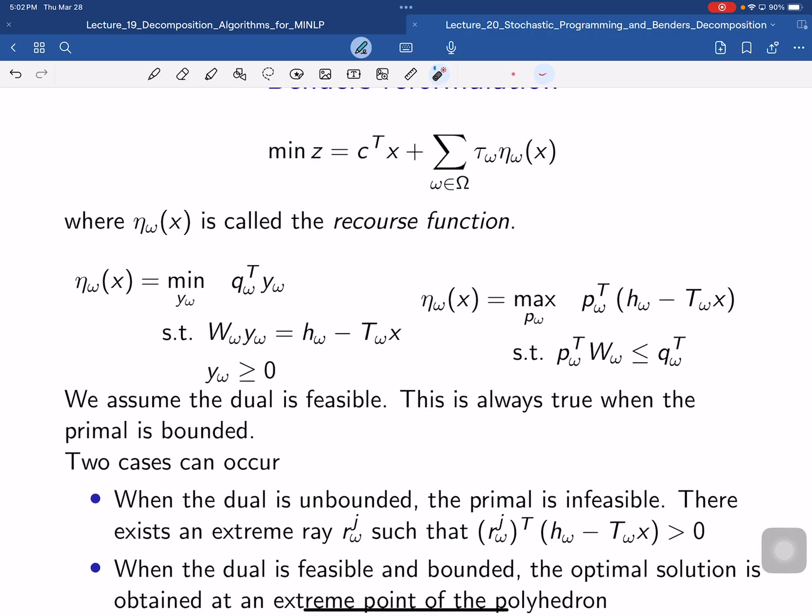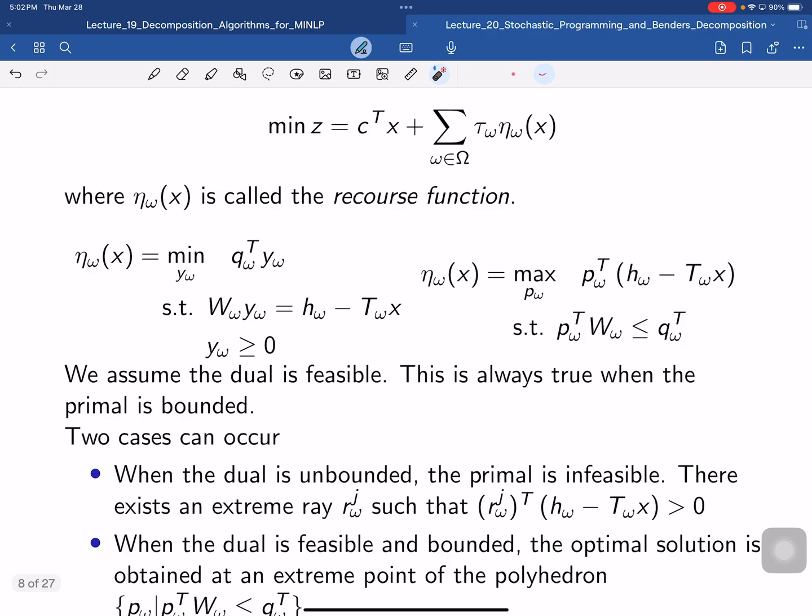Besides the case that the dual is unbounded, another case is that the dual is feasible and bounded. So if a problem is feasible, it can be either unbounded or bounded. When the dual is bounded, we know that the optimal solution can always be obtained at an extreme point. That's a result we get from linear programming.